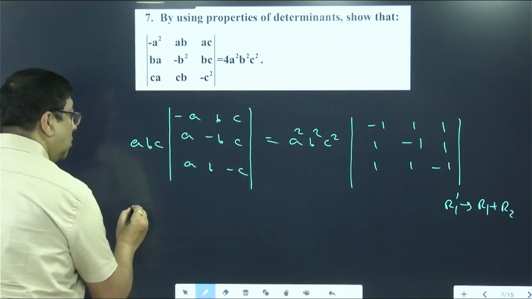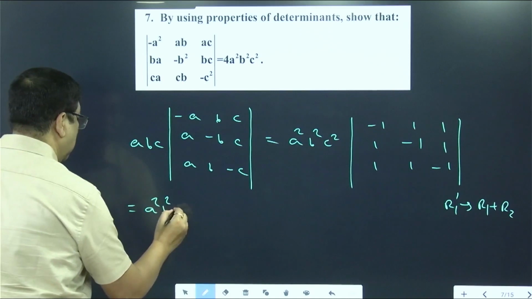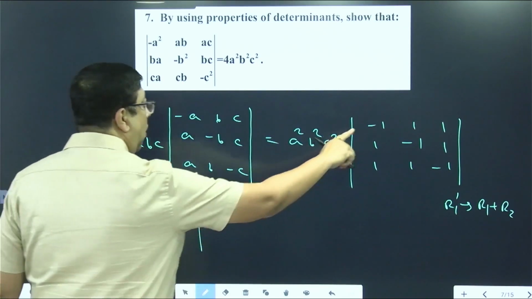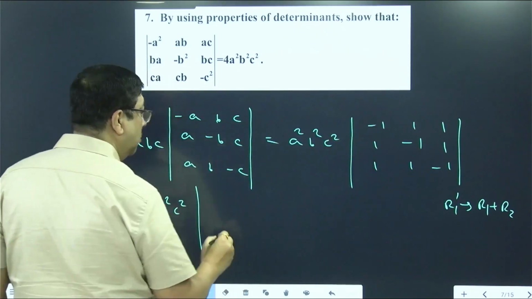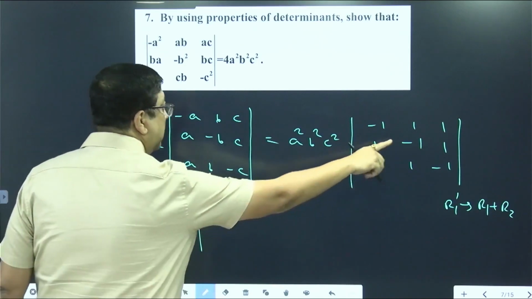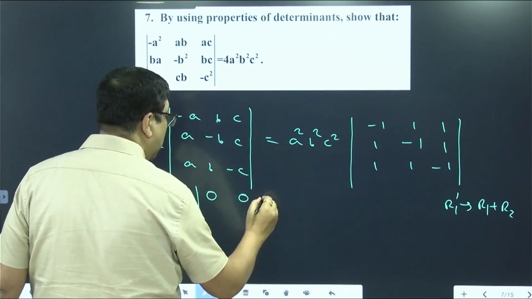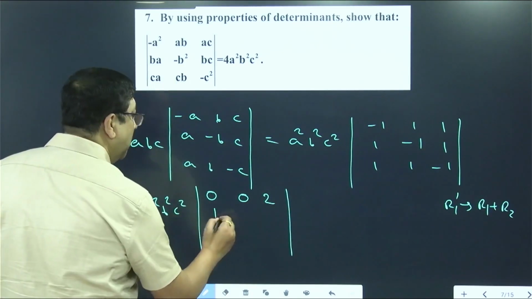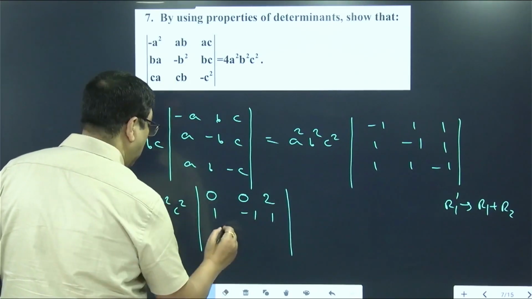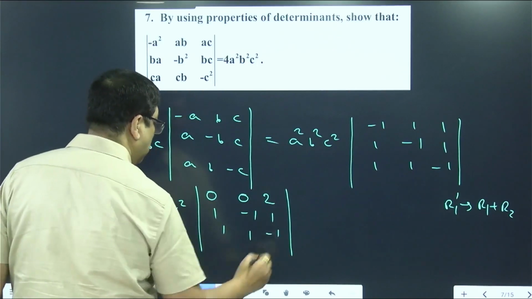If we apply this, we are getting A square, B square, C square, and on R1, R1 plus R2, this is 0. Similarly, the second element is also 0, and the third element is coming 2. So 1, minus 1, 1, 1, 1, minus 1.